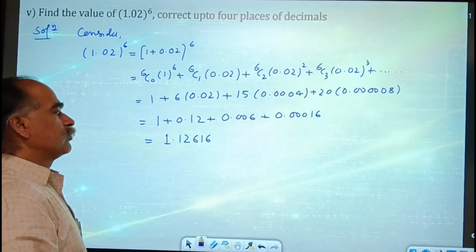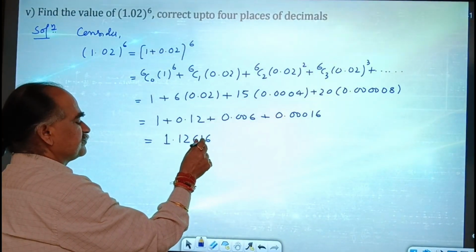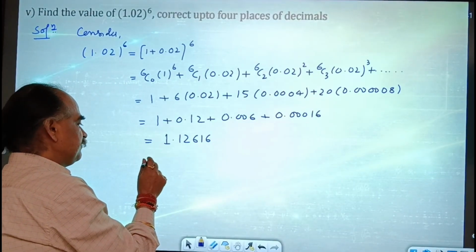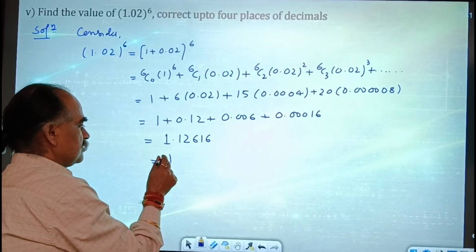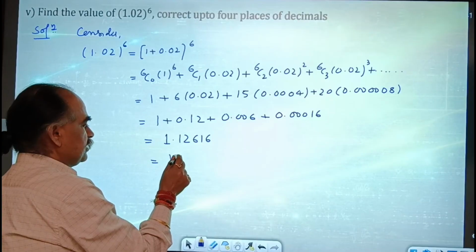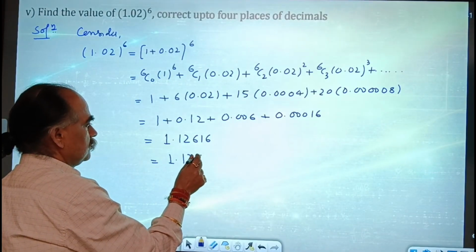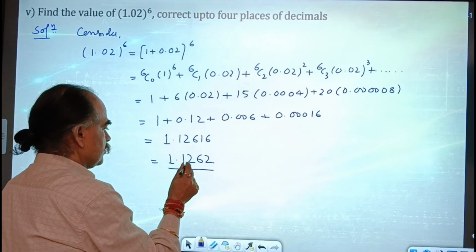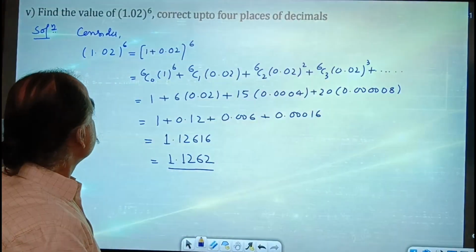We have to correct up to 4 places of decimal. So this digit is what? More than 5. So we will add 1 in the previous digit. 1.1262 is the answer.